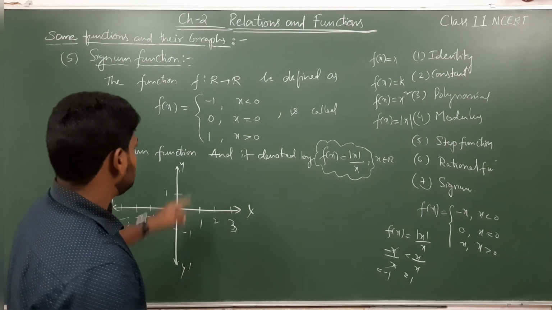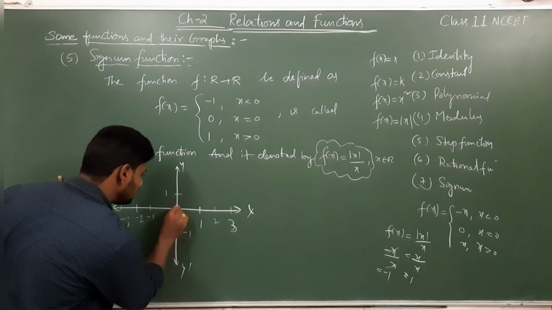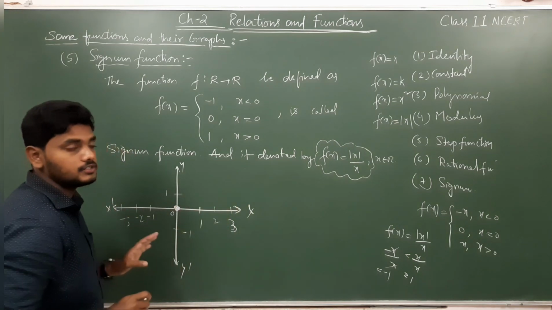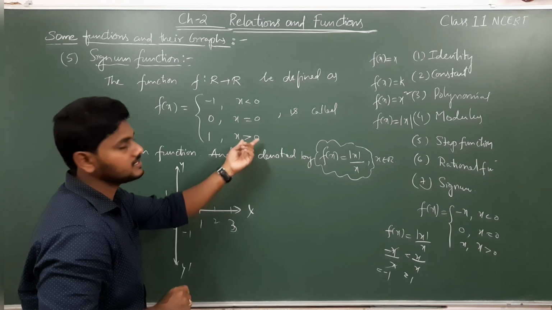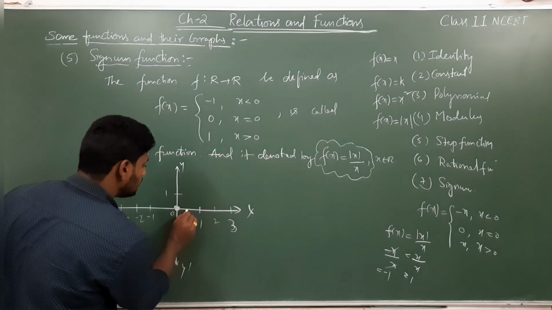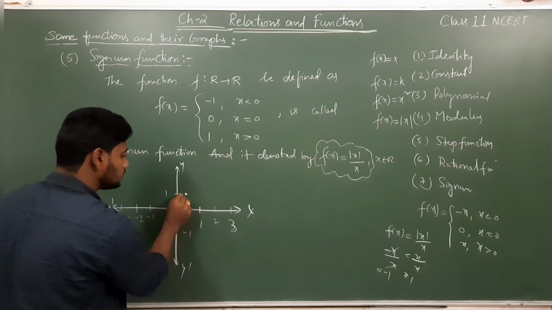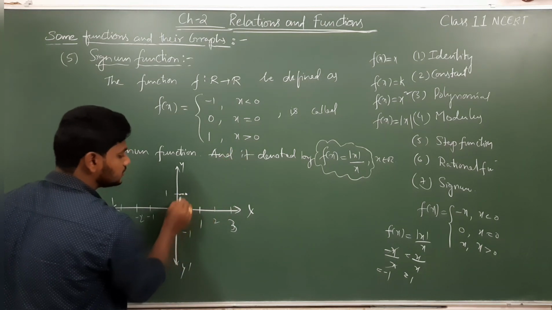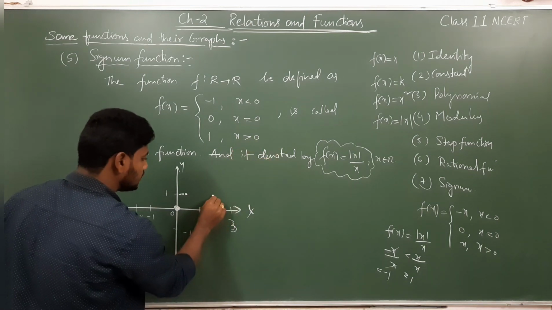Now, if x equal to 0, what is the function value? For 0, it is 0 only. If you take 0.5, which is greater than 0, what is that? 1. If you take 0.1, that is also 1. If you take 0.2, that is also 1. If you take 2, greater than 0, for that also it is 1.